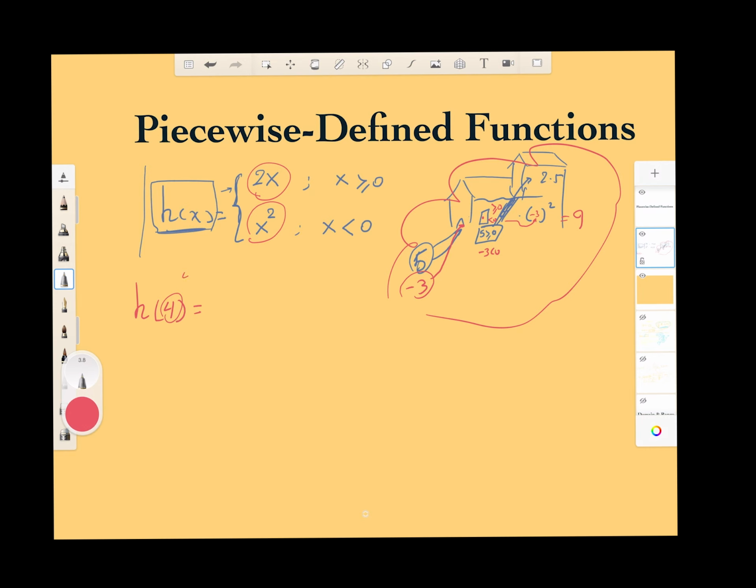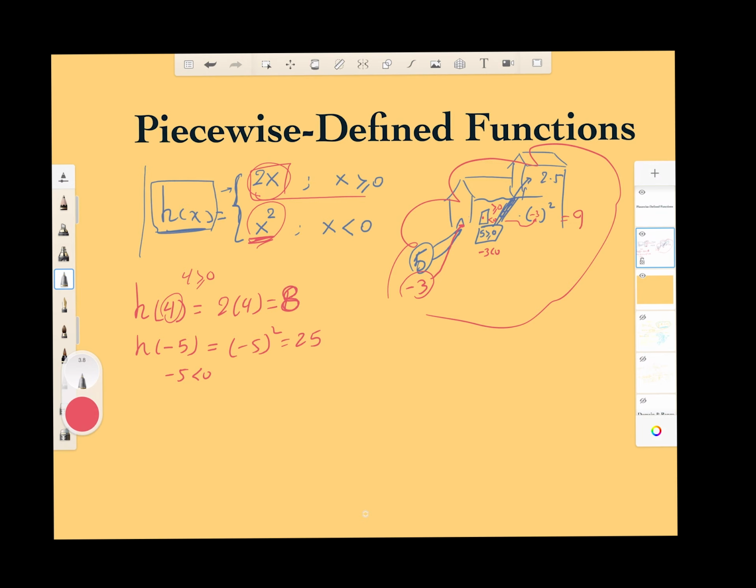Because 4 is greater than or equal to 0, we pick this one, so it's 2 times 4, which is 8. What is h of negative 5? Because negative 5 is less than 0, we use x squared. We have negative 5 squared, which is 25.